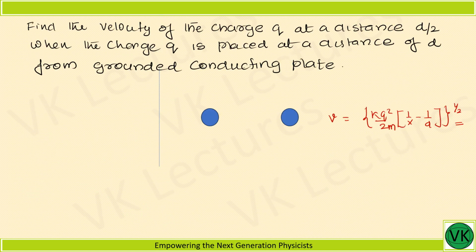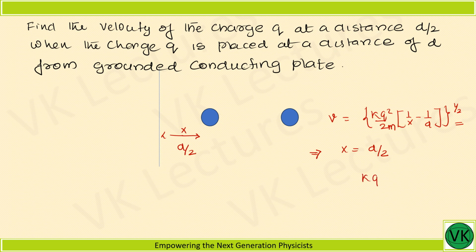Find the velocity of the charge q at a distance d by 2 when the charge q is placed at a distance of d from the grounded conducting plate. So here we have the formula v equal to kq square by 2m into 1 by x minus 1 by d to the power 1 by 2. So we have the value x equal to d by 2, so that is given as d by 2. Now just substitute the values.